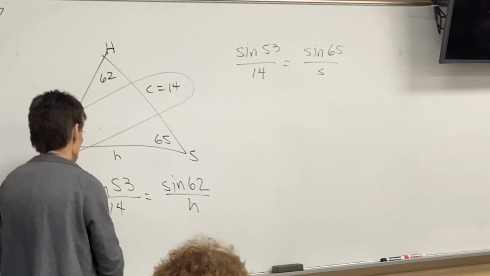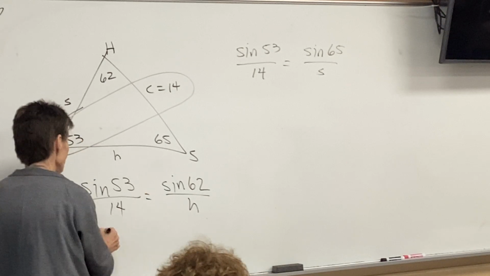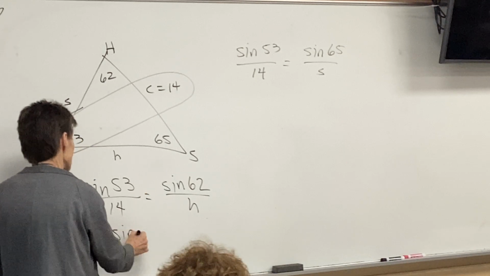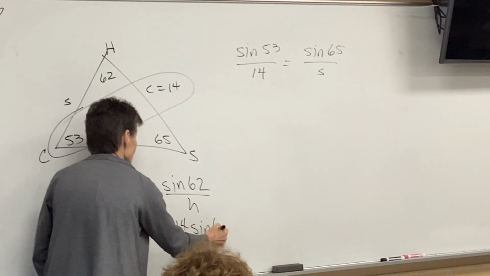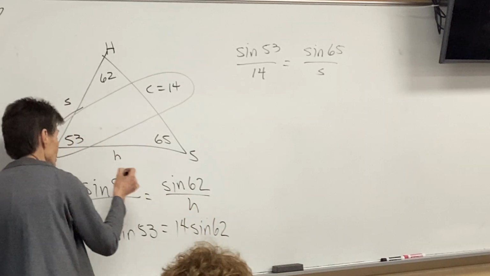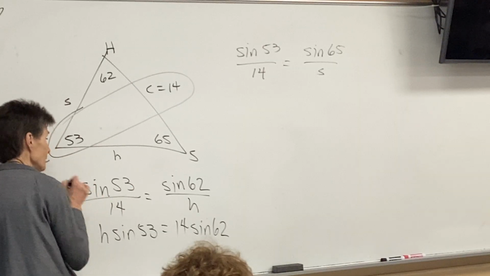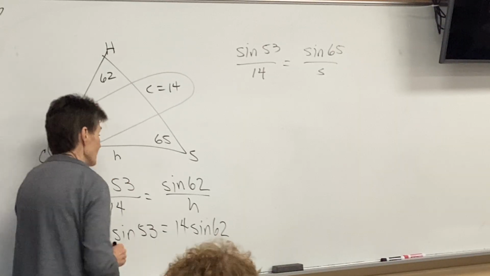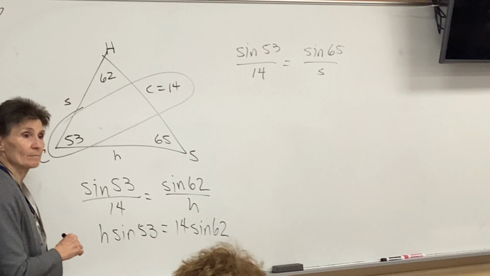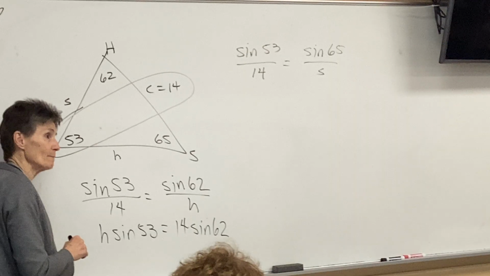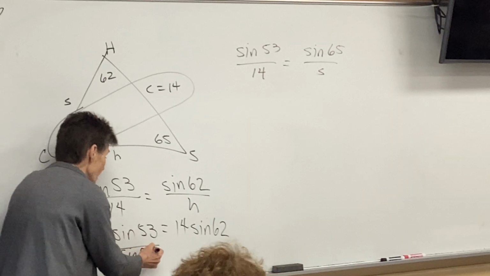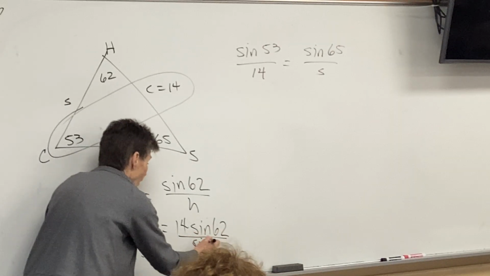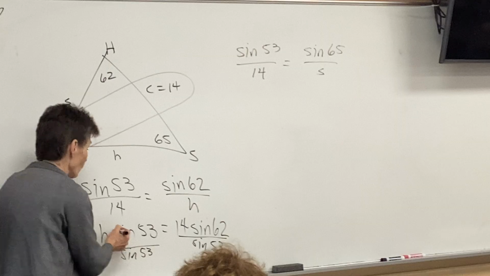Cross multiply. So if I'm doing this one, H sine 53 equals 14 sine 62. So H times sine 53 equals 14 times sine 62. And then what? Divide by sine 53 because we are trying to figure out what H is.